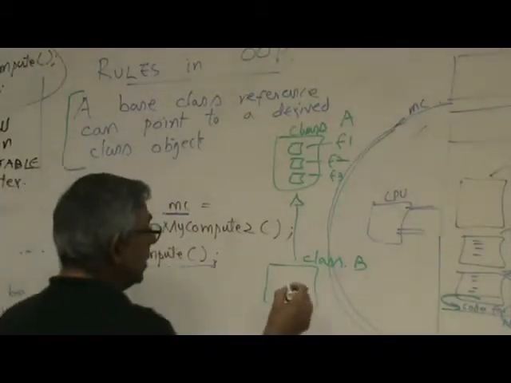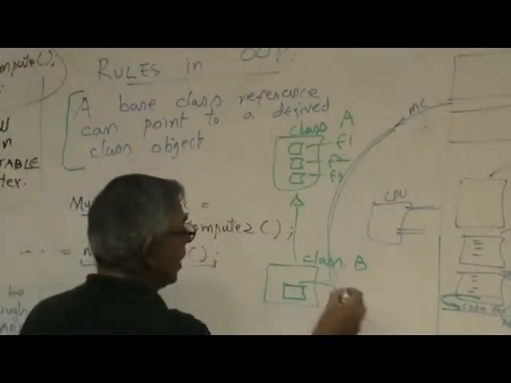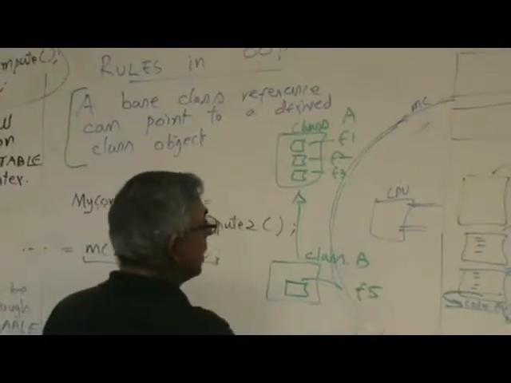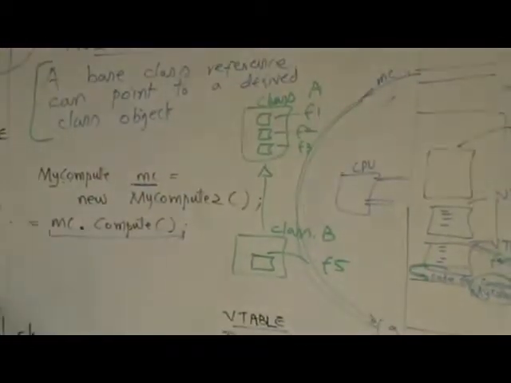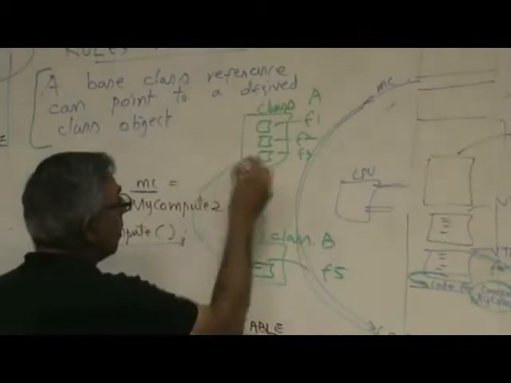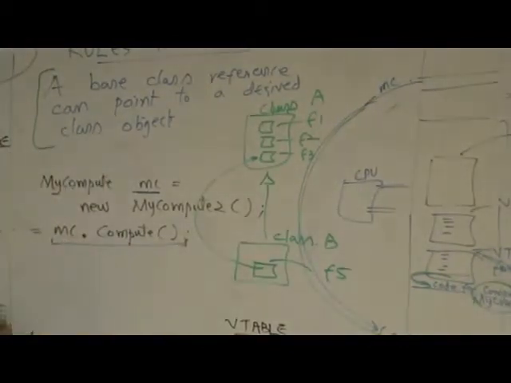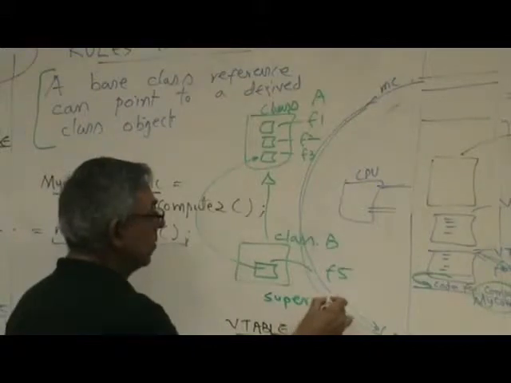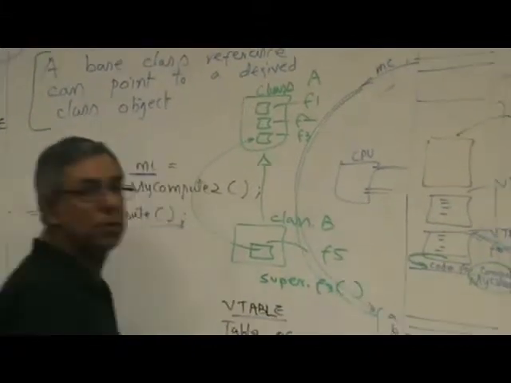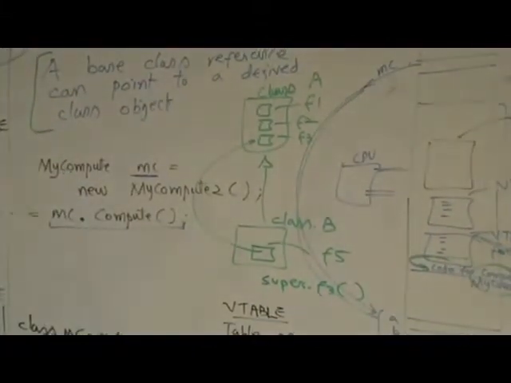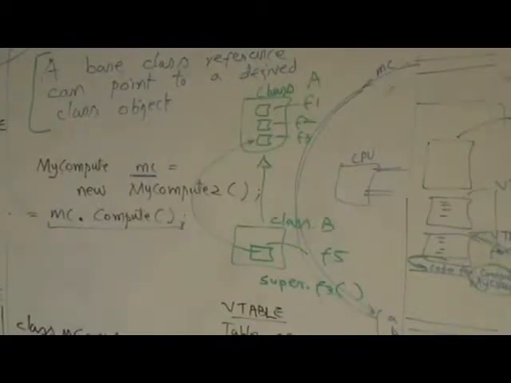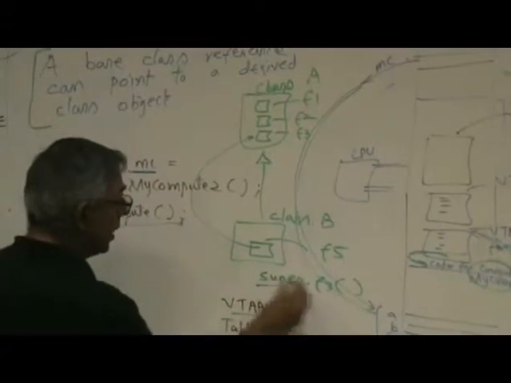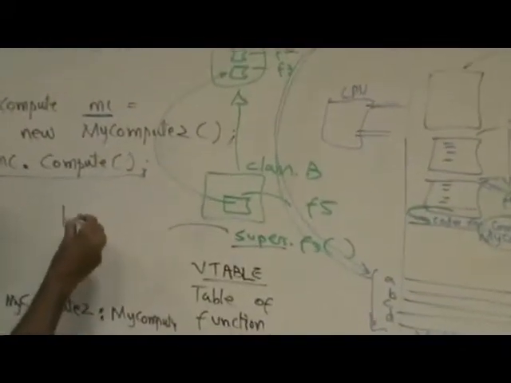Okay, so now suppose I have some function over here, F5, which has nothing to do with inheritance. And suppose this wanted to call F3 as an example. So using the super keyword, you can say super.f3. That's a capability to call any function in the base class. In C#, what's the equivalent of super? Base. Okay.